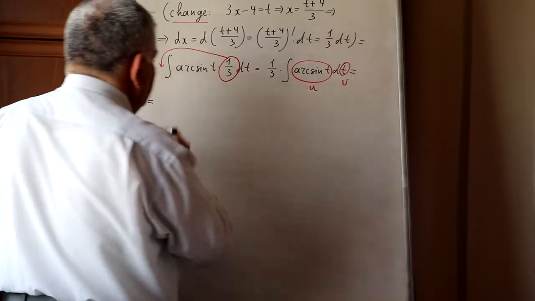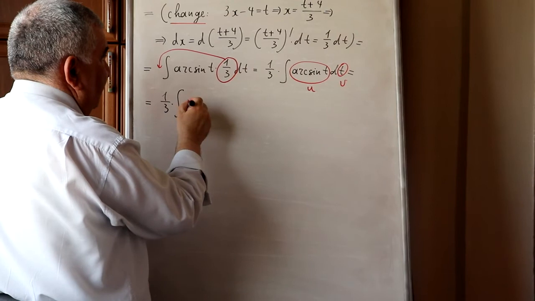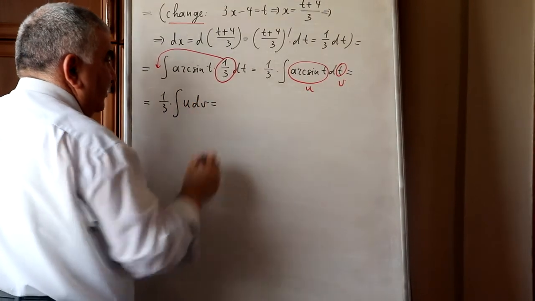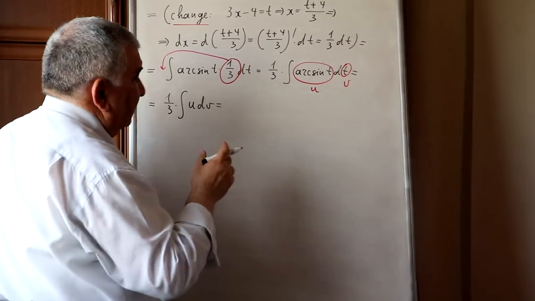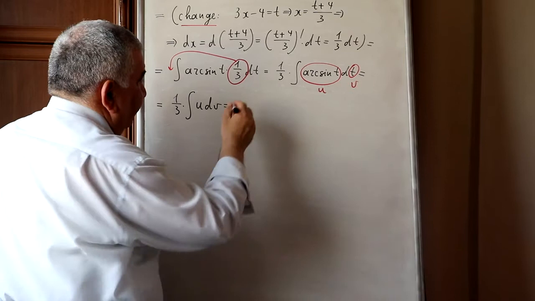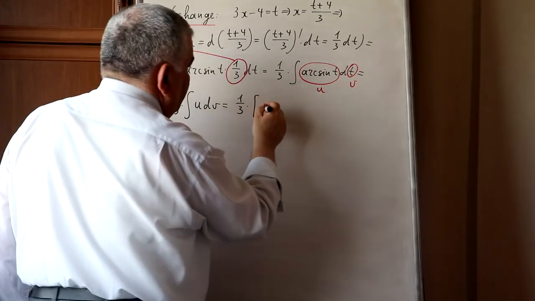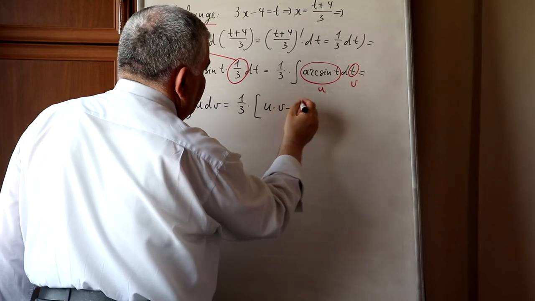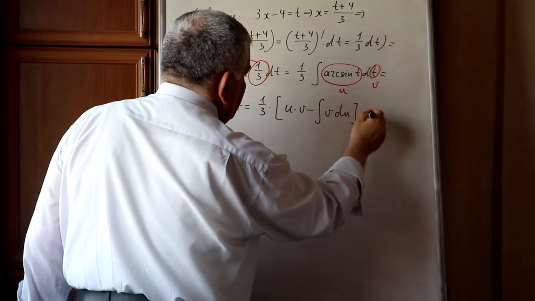Rewrite the last integral as 1/3 multiplied by the integral of u dv, and according to the definition of indefinite integration by parts, it is u multiplied by v minus the integral of v du.